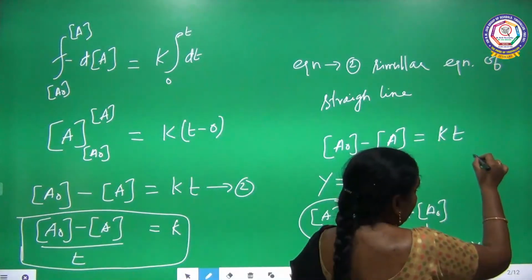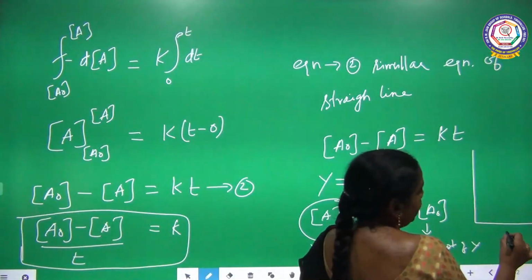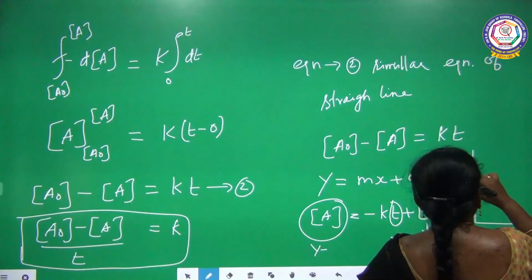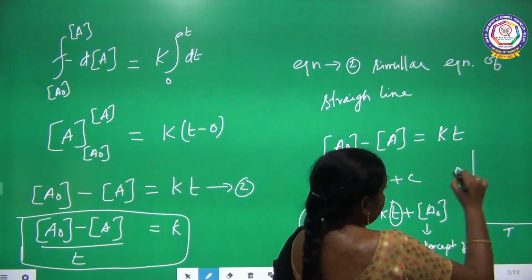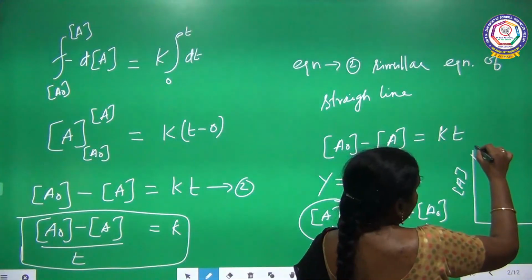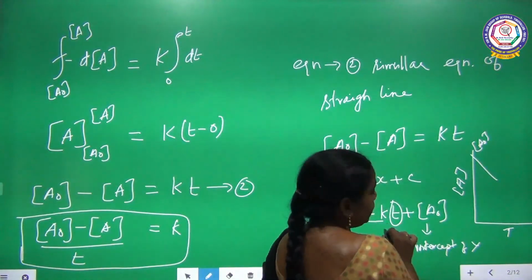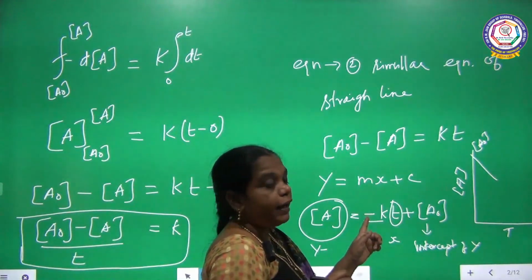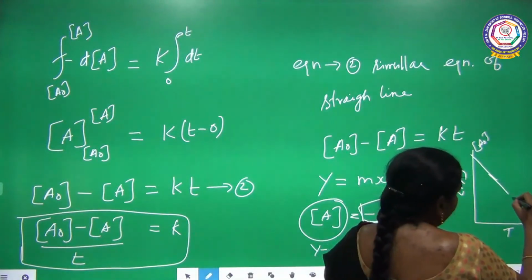So now you have to draw the graph between time and the concentration of A, and A0 is the intercept of y, and negative k is the slope. The k is given in the form of a negative value, so that the slope becomes a negative slope.